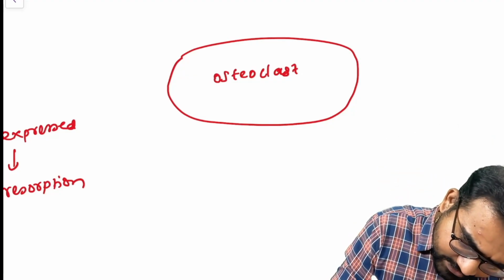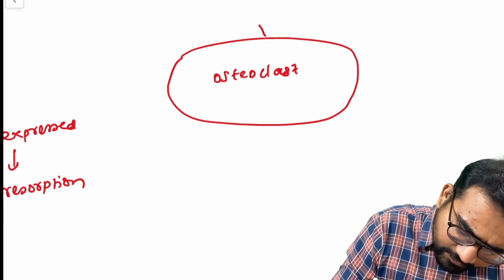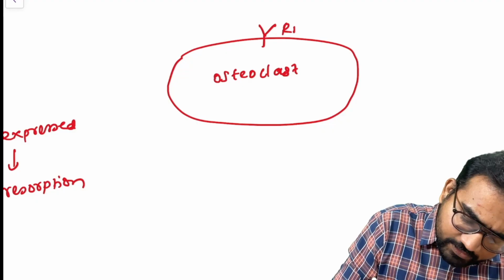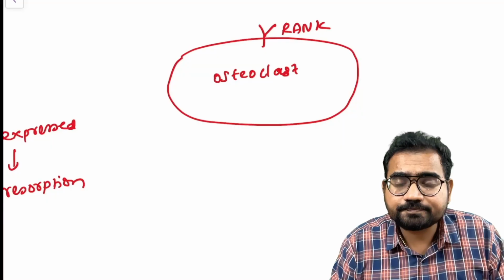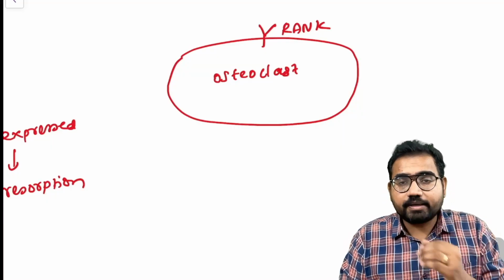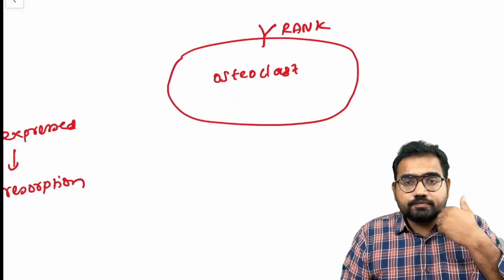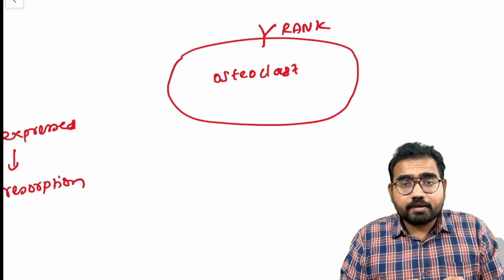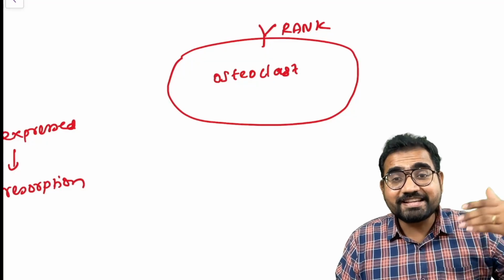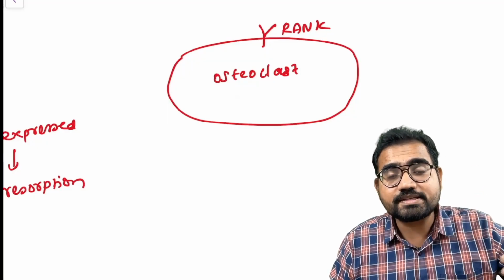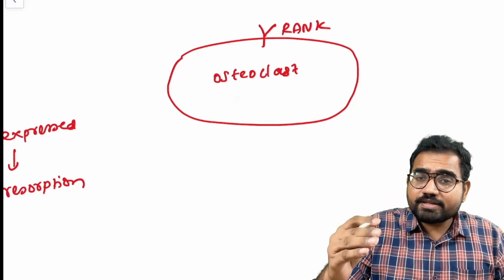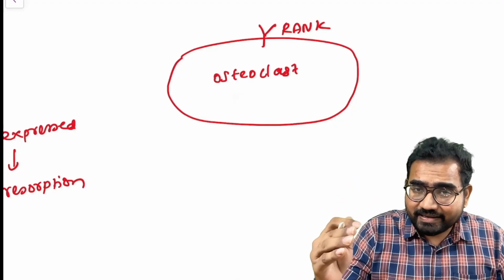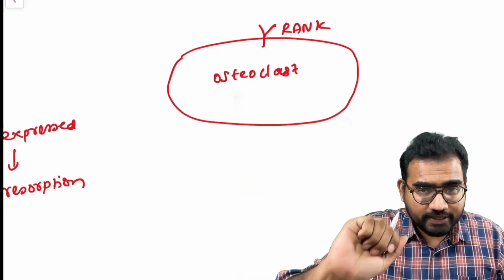An osteoclast, as I said, will have the RANK receptor, usually not expressed, but sometimes certain factors will initiate or increase the expression of RANKL. Whenever there is an interaction of RANK and RANKL, bone resorption takes place.